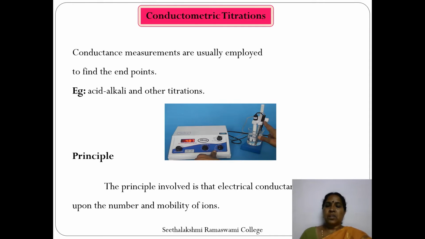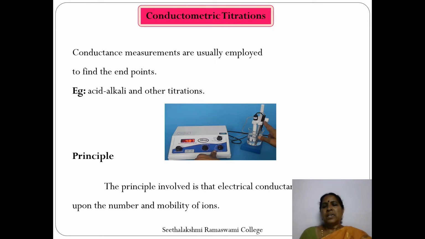Sodium hydroxide solution is taken in the burette. In order to get accurate results and a sharp endpoint, there should not be any significant increase in volume during the course of the titration. Hence, the burette solution must be 5 to 10 times stronger than the pipette solution.